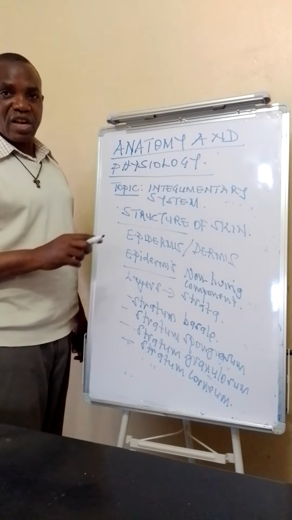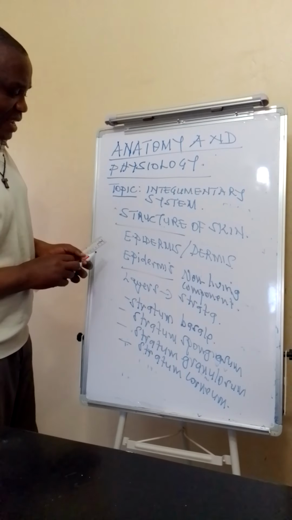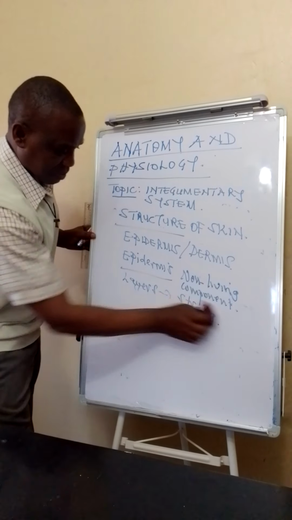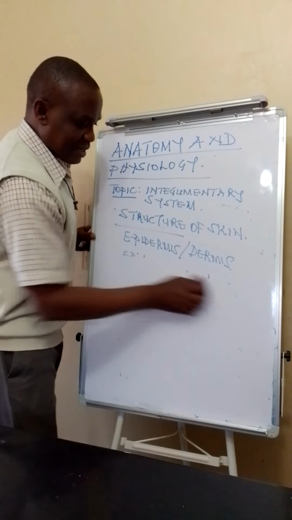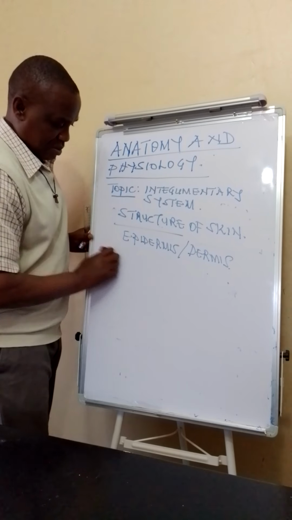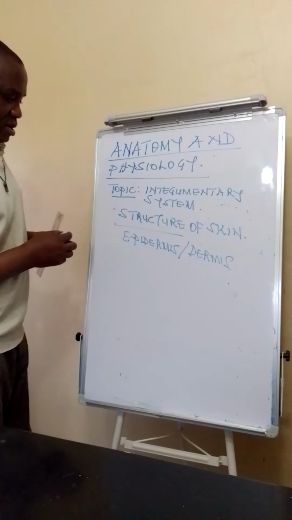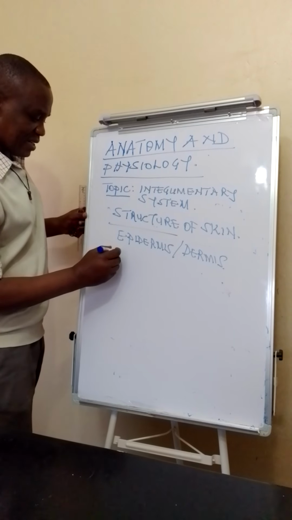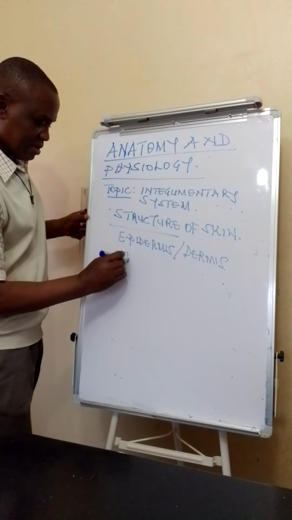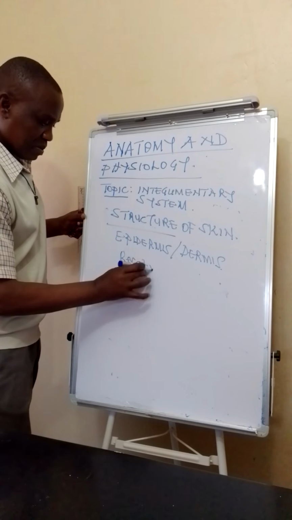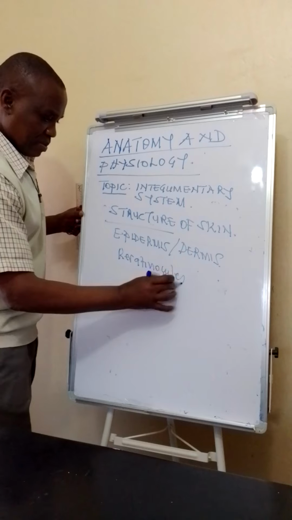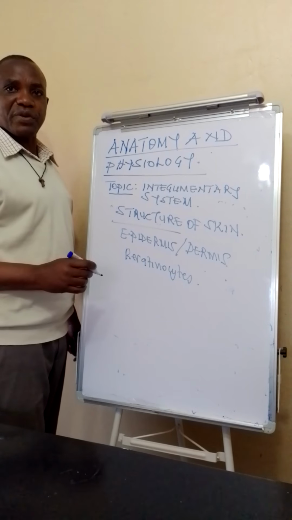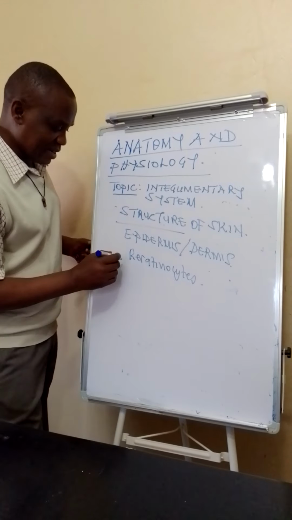Within the epidermis, you have these layers. Then again, the epidermis contains some specialized cells, such as keratinocytes, which are responsible for synthesizing the keratin of your hair and the nails.